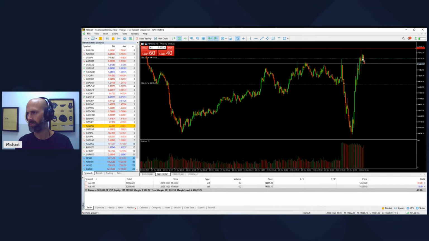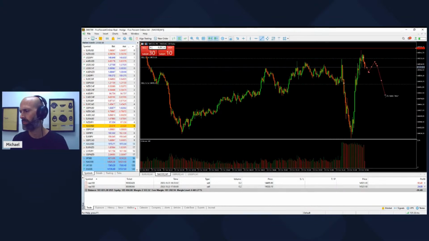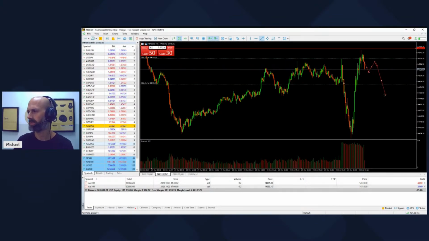The other option is it's dropping down, retesting those levels again, and then adding more to my position. And if it does the same on those levels, let's say drop here, retest, then it could also be a nice place that I would look to add to my position.